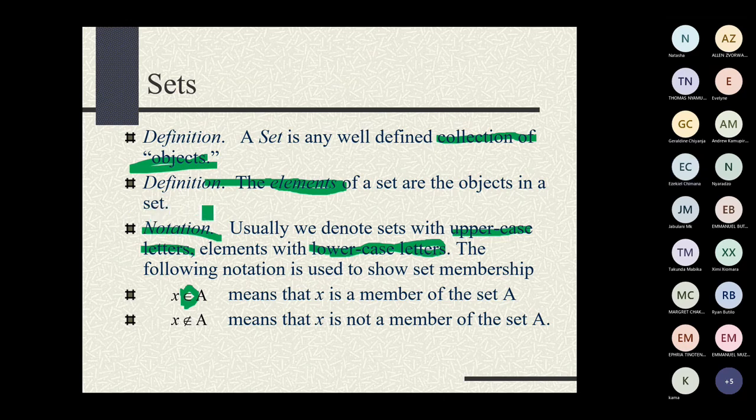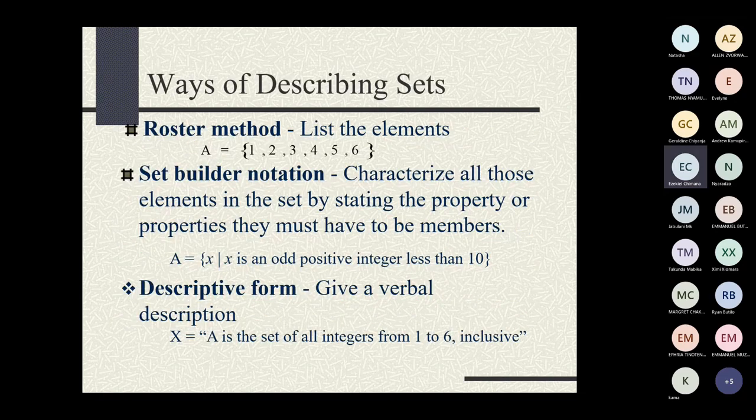Of A. We also use this symbol, which says x is not an element of A. What we're actually saying is that for all the objects in A, x is not one of them, in simple terms.